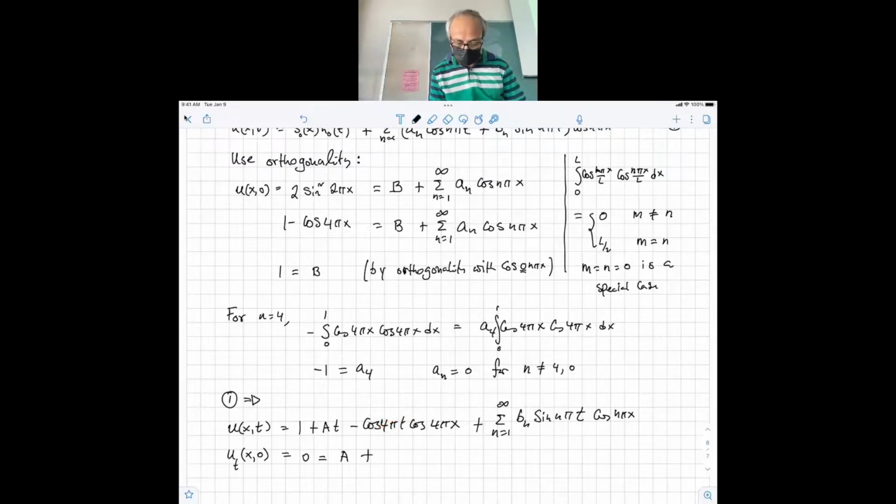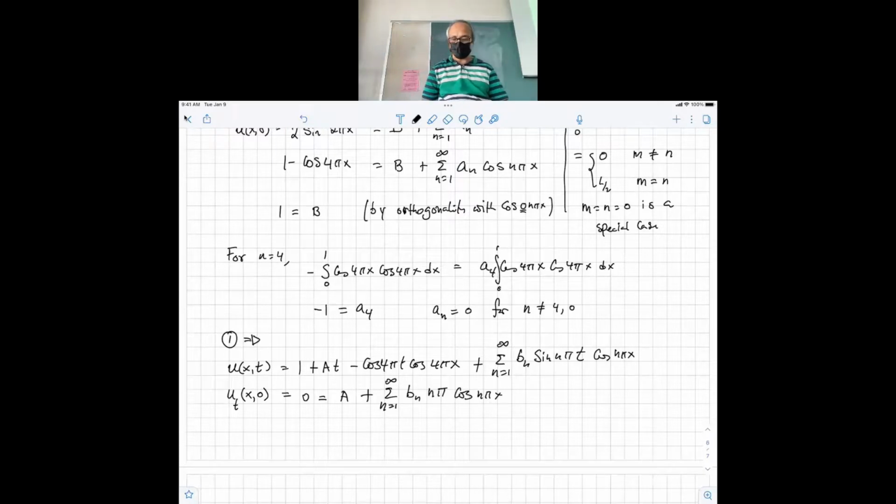Plus the next term will be n from 1 to infinity b_n. Differentiate sine n pi t with respect to t, you get cos n pi t with a coefficient n pi. Evaluate at t equal to 0, cos of n pi 0 is 1, so that is gone. So you have cos n pi x.